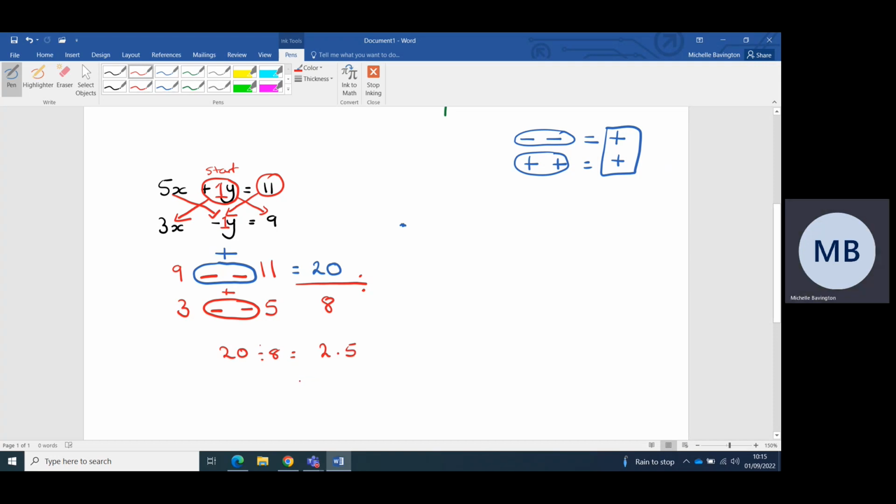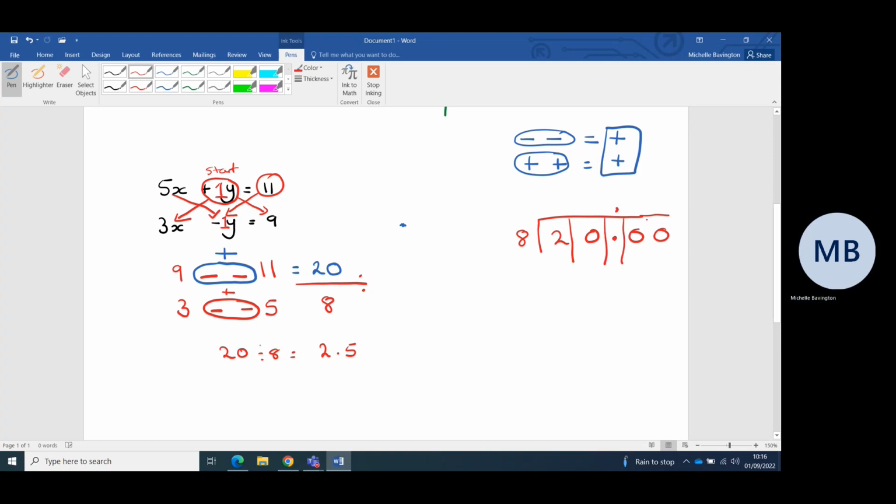If you're unsure on how to divide, let's just do a quick division for you, so we don't need a calculator. I'm going to put a couple of zeros in case I need them. We always work in money. That to me is £20. So I'm dividing that by 8. So 8s into 2s.